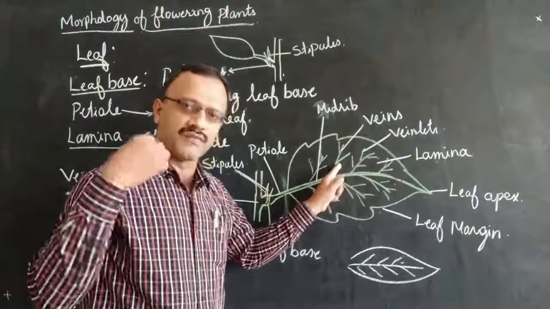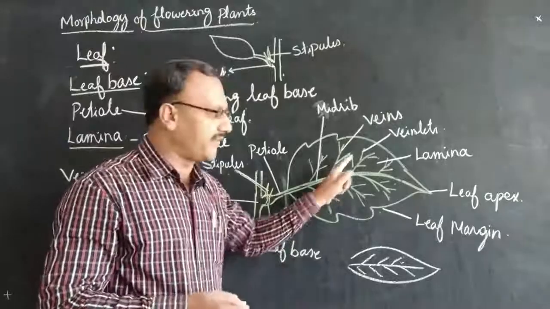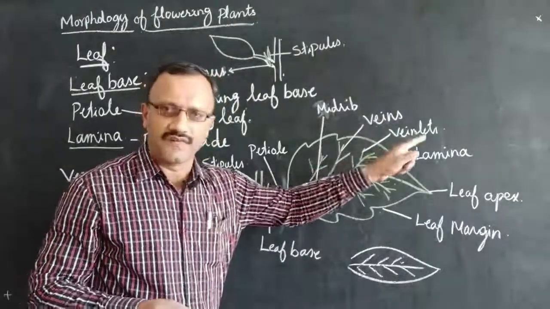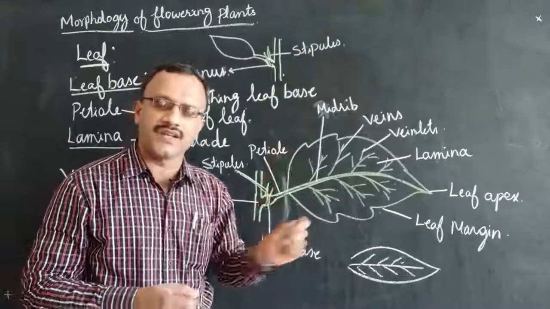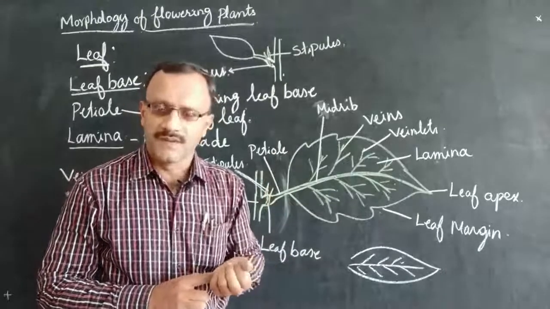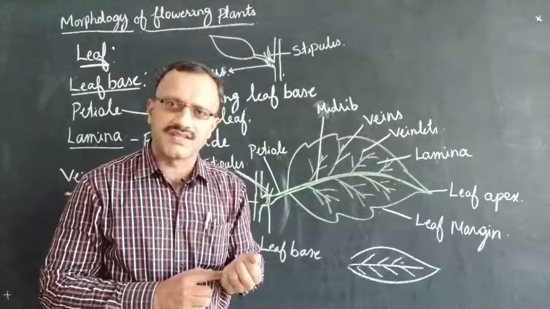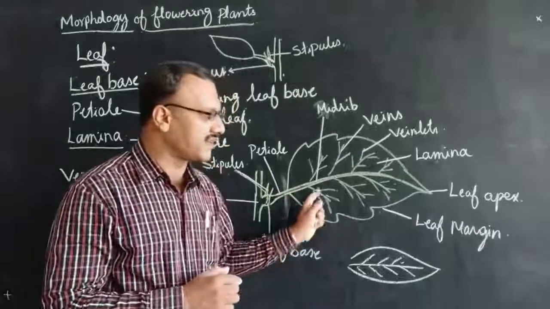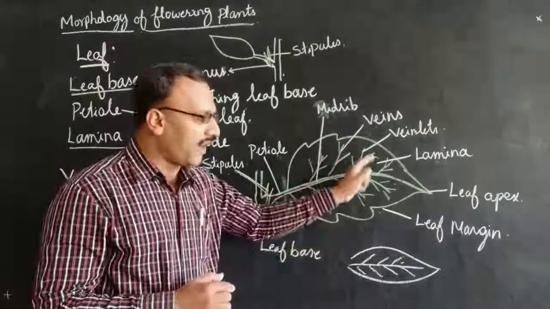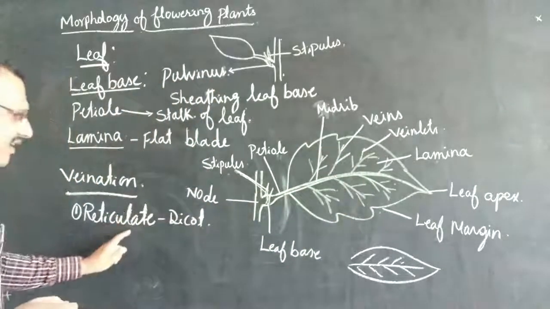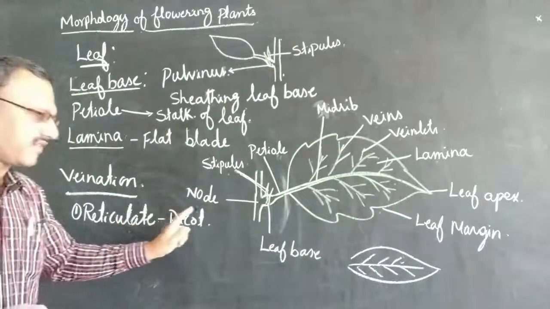The veins show a number of branchings in the form of veinlets, which form the network of veins and veinlets, which help in transportation of food, minerals, nutrients, water, etc. to the entire leaf. That is what we call reticulate venation, which is found only in dicot plants.